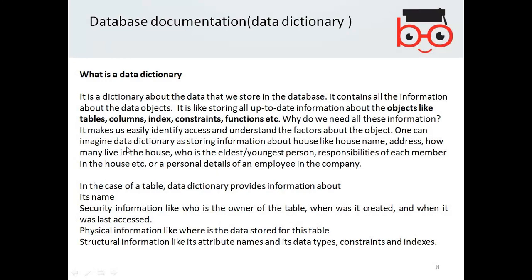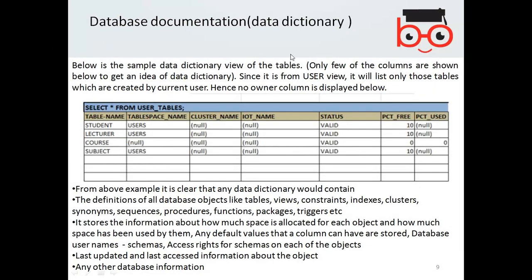And here is the data dictionary. For example, the users are student, lecturer, course, subject, and the table space name is users. The cluster names are empty, status is valid, and so on. These are highly technical terms.